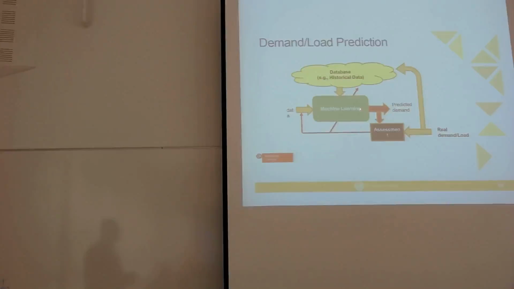After learning, the machine will give us some prediction or suggestion about the demand. But when the real demand comes, we can compare the predicted demand and the real demand, and then we can update our database as well as our machine learning in order to learn more.